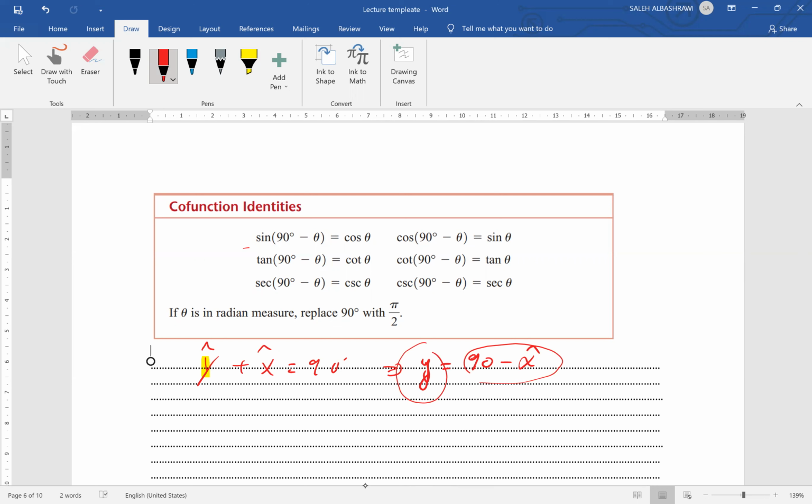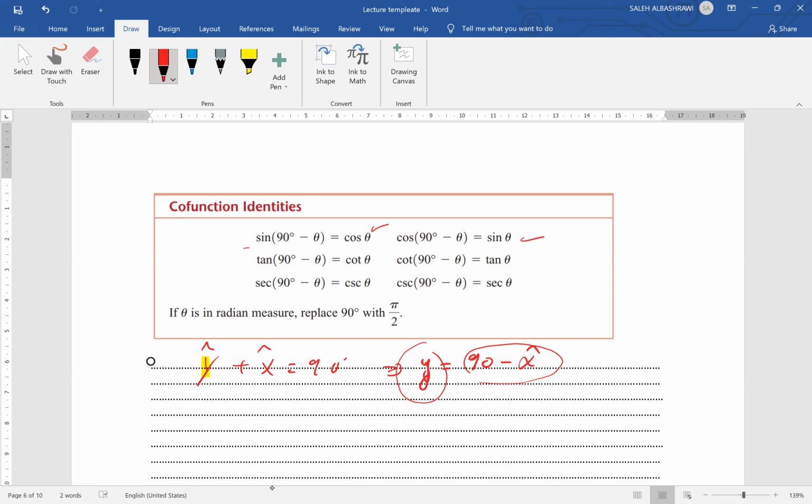So sine of 90 minus theta will be equal to cosine theta, because theta and 90 minus theta are complementary angles. So the trigonometric values will be cofunction identities. Cosine of 90 minus theta equals sine theta.